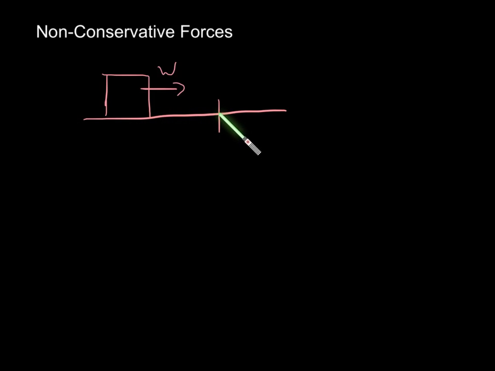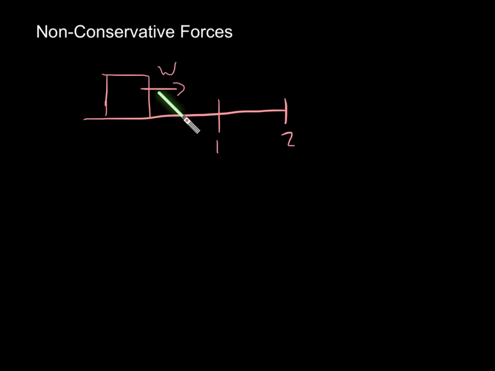And now if I push it to a new distance, so that's distance 1, and I push it to distance 2, because I'm constantly fighting friction, I have the potential to lose more energy pushing it all the way to point 2 than to just point 1, right? Friction generates heat. I've generated more heat by going to point 2 than I did to point 1. Heat is a form of energy, and that's kind of how we lose energy to friction.